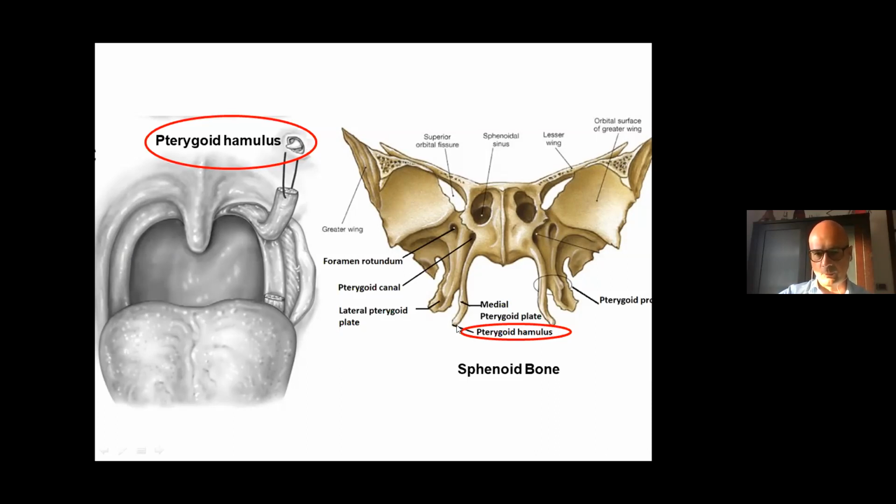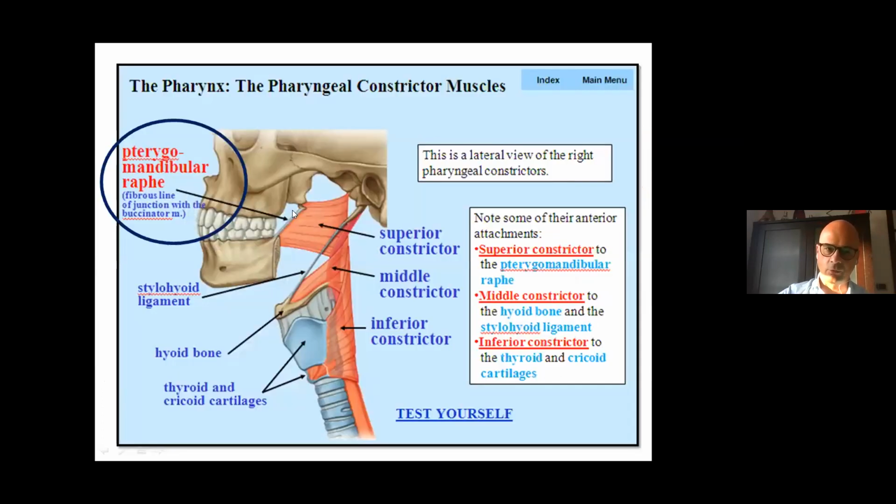The pterygoid annulus is the tip of the medial pterygoid plate of the sphenoid bone. So it's not always easy to locate the pterygoid annulus, and it's always difficult to turn a suture around this annulus. For that reason, we started to use the pterygomandibular raphe.